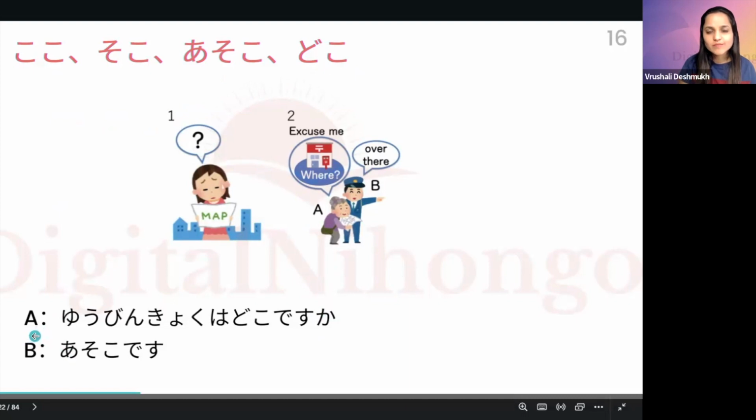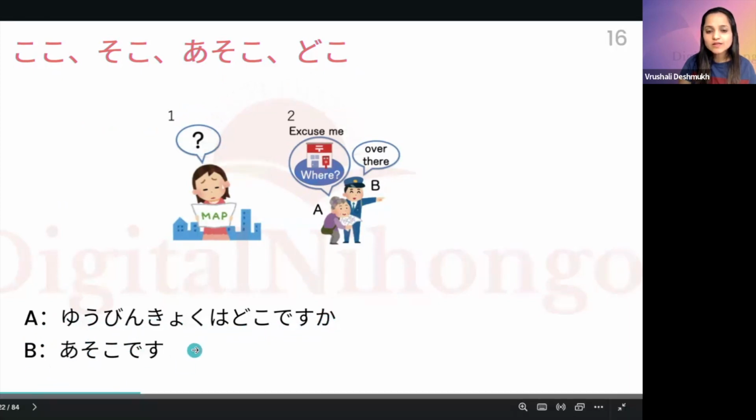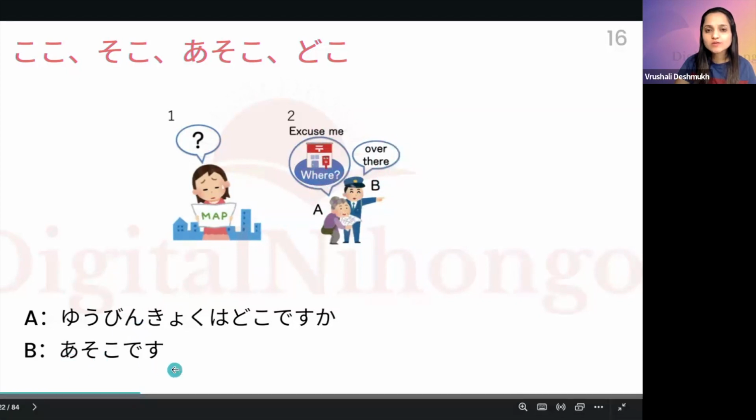So you can frame a small dialogue. If you want to ask about a particular place, Yubin kyoku wa doko desu ka? Asoko desu. This person A is asking, Yubin kyoku wa doko desu ka? This person is answering that over there is asoko desu.